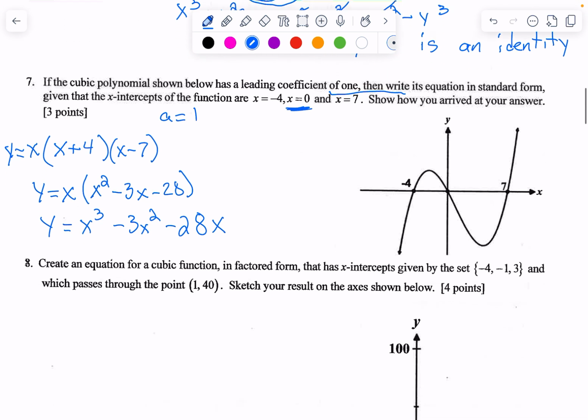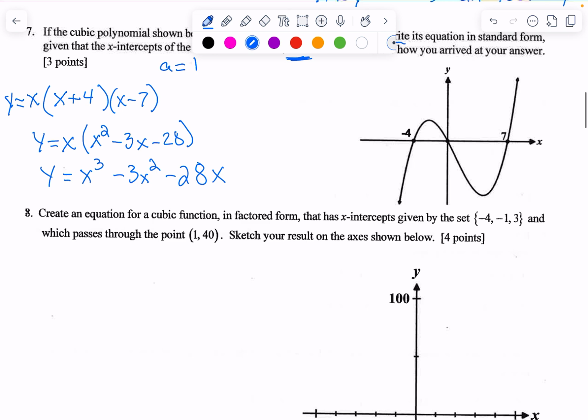All right. Now this one's a little different. It's the y-intercepts, but they want it in factored form. So I have y is equal to a, so we're going to have to find a. That's why they gave us a point, so we could plug this in. But we don't have to do all the multiplying. This is x plus 4, x plus 1, and x minus 3.